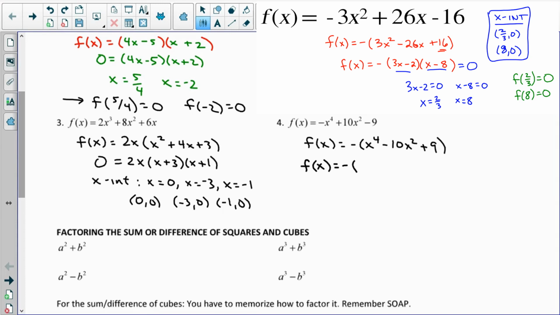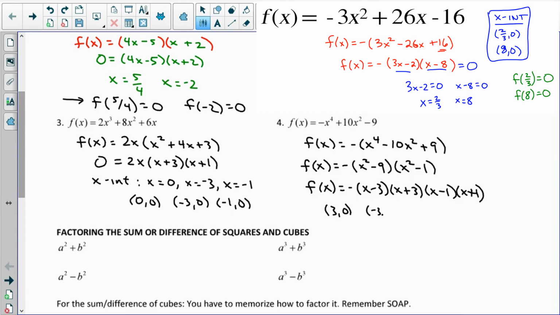So f of x equals negative x squared minus 9 times x squared minus 1, and then we can continue to factor this. So we have x minus 3, x plus 3, x minus 1, x plus 1. And so my x-intercepts in this problem would be at 3, 0, negative 3, 0, 1, 0, and negative 1, 0.